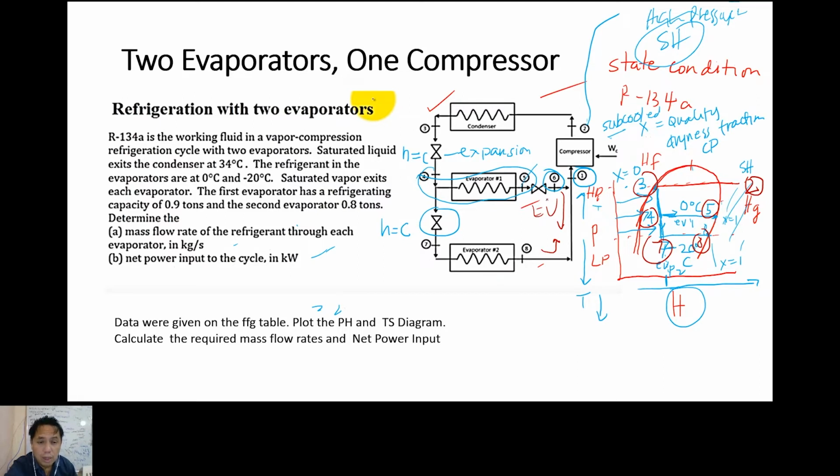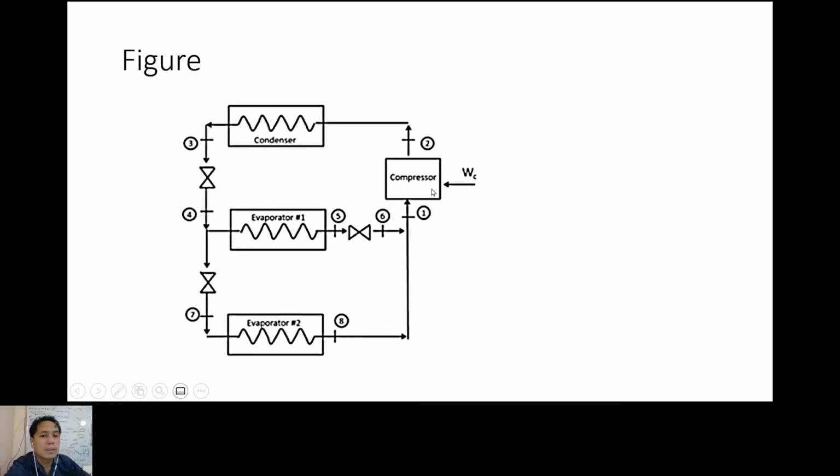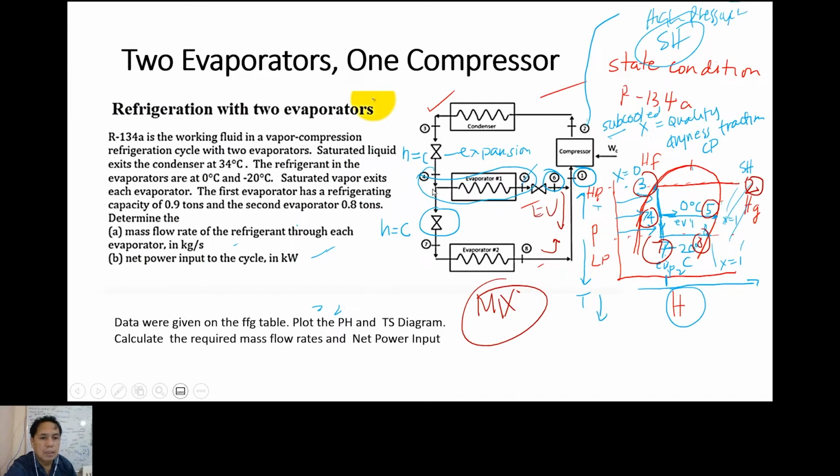So before they go to the compressor, they should mix. Where's the mixing point? The mixing point is here at 1. So I would put a mark here. This is the mixing point at 1.